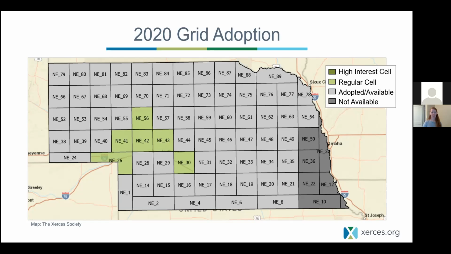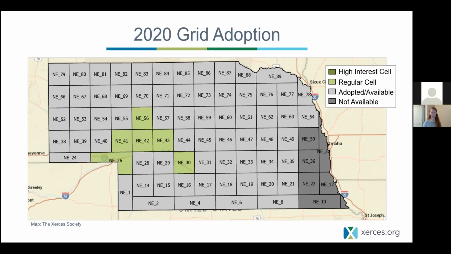So what we did is we highlighted all the areas in Nebraska that still needed surveys, because one of the overarching goals of the project was to get at least 2 surveys done per grid cell. And this was just going to give us a nice baseline data set to work with, so that we didn't have information only from the Lincoln, Nebraska, and Omaha area, right?